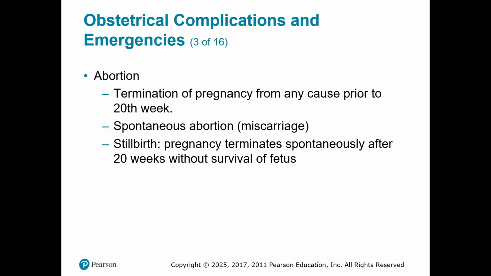Abortion is a termination of pregnancy from any cause prior to the 20th week. A spontaneous abortion is known as a miscarriage. Stillbirth: pregnancy terminates spontaneously after 20 weeks without survival of the fetus.